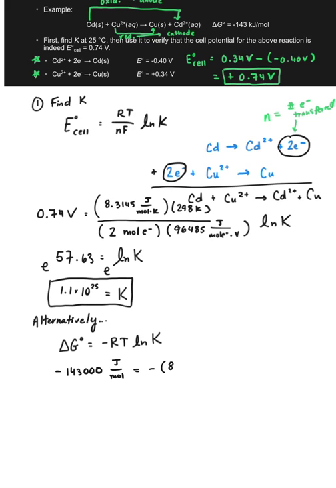R, our ideal gas constant in joules per mole per Kelvin, is 8.3145. Temperature in Kelvin is still 298 K. And the ln of K can be solved by dividing both sides by negative 8.3145 and 298. We end up with the ln of K is equal to 57.7.